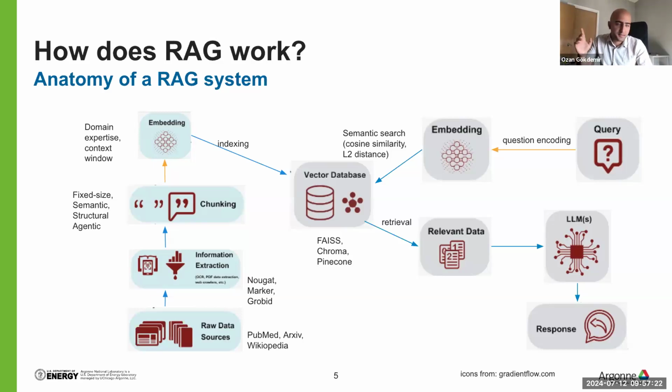But this is an open question in research. Do you want to go with a smaller, more nimble domain expert model, or do you want to go with a large, complex, maybe 10 billion parameter general domain model? What is the impact of domain expertise on the encoding quality for retrieval is an open science question.